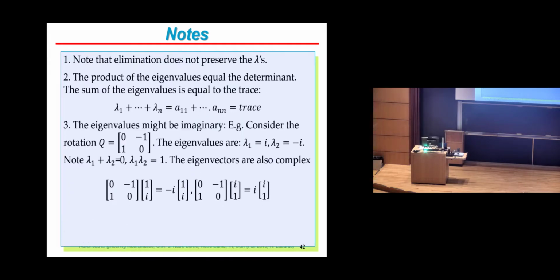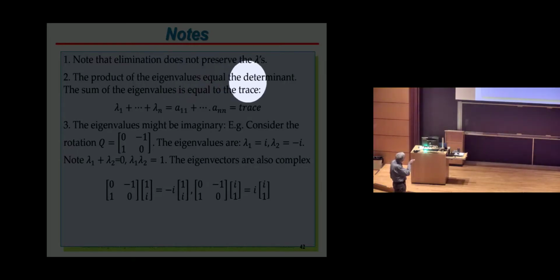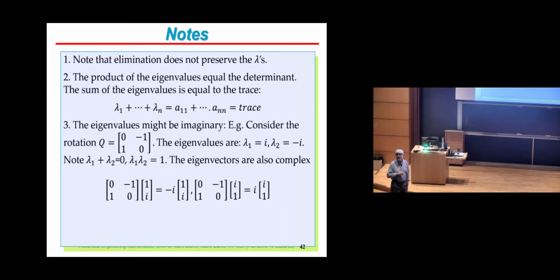All right. A few facts. And I will not prove them yet, okay? We do know everything we need to actually prove them, but I will refer to these things later on. If you take the product of the eigenvalues, you get the determinant.